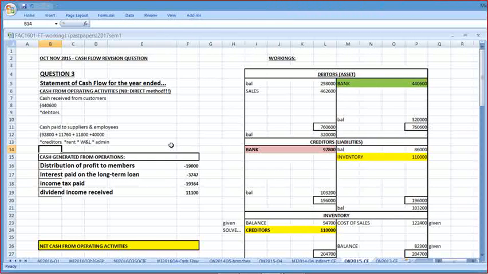So that would go under cash paid to suppliers and employees. How much? 190,000. Here we go. Next. Okay, then interest on long-term loan we looked at. Profit before tax, income tax we looked at. Distribution to members and transfer of assets we looked at. Good. So that's the end.